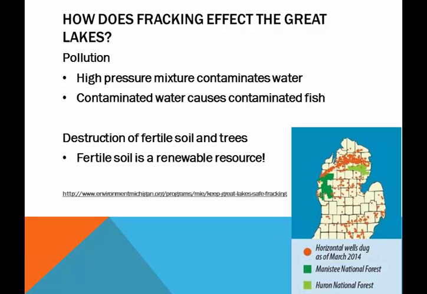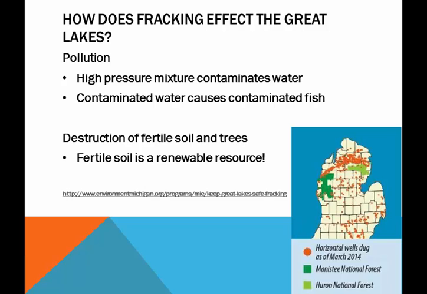So the water is getting polluted, the soil is getting polluted, fish in the water are getting polluted, and it's not good for any of the resources. The fertile soil loses nutrients, and the fish get sick, and these inshore fracking companies don't seem to mind.